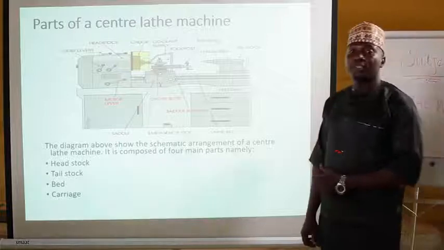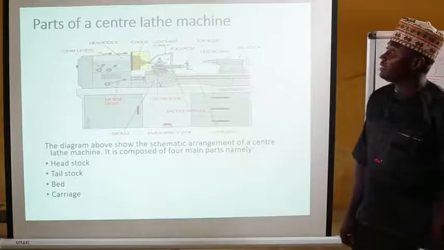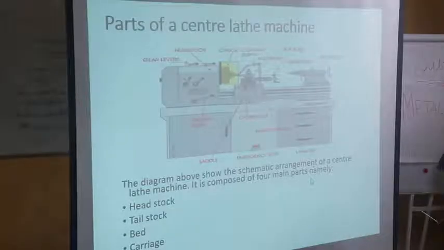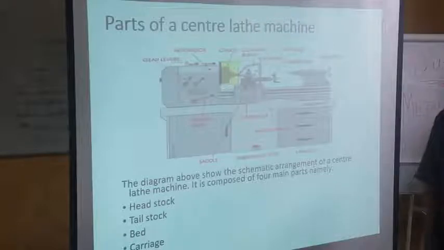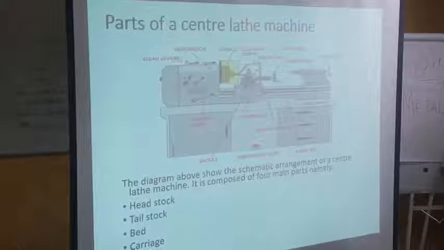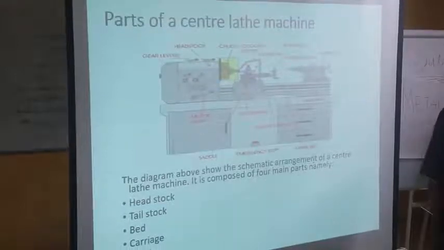Now let's move straight to the various parts of the lathe machine. Here we have the diagram showing the schematic arrangement of the center lathe machine with various parts being indicated. But for the sake of this class, we shall consider 4 main parts of the lathe machine.